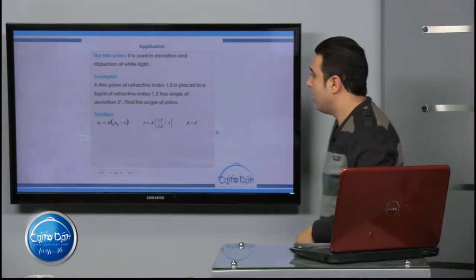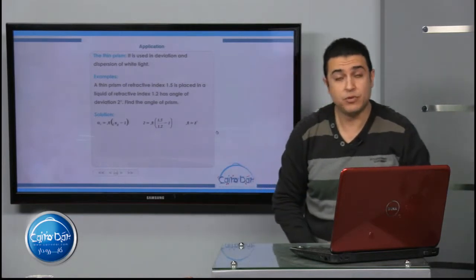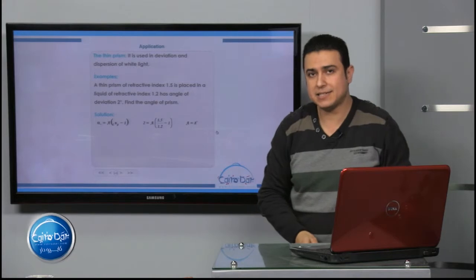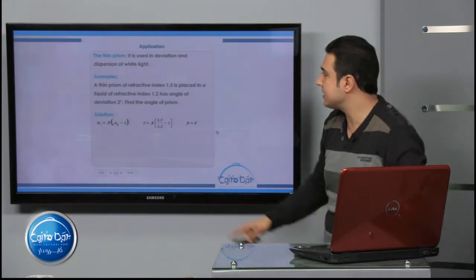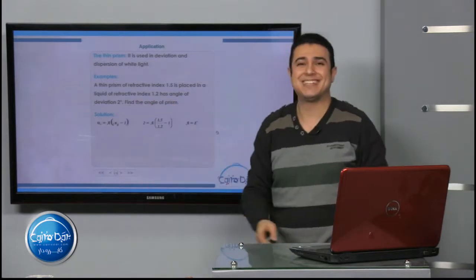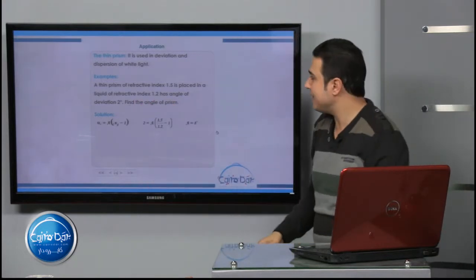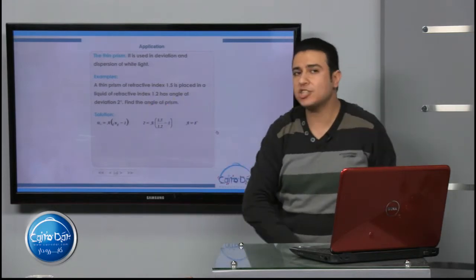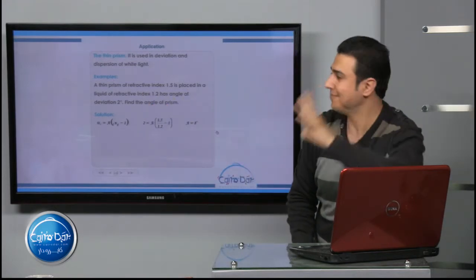We have here an example for the thin prism. It is very important. A thin prism of refractive index 1.5 is placed in a liquid of refractive index 1.2. It has an angle of deviation of 2 degrees only.